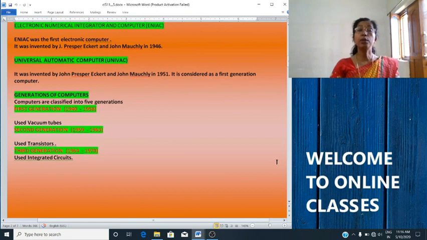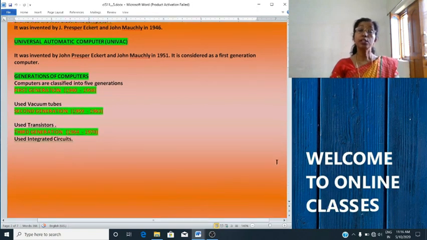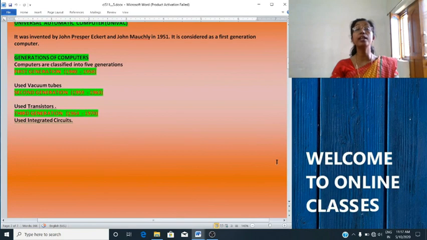Then we studied about UNIVAC, Universal Automatic Computer. This was also invented by the same persons, Presper Eckert and John Mauchly, in the year 1951. This is also considered as a first generation computer.